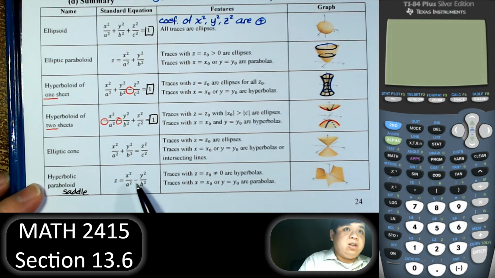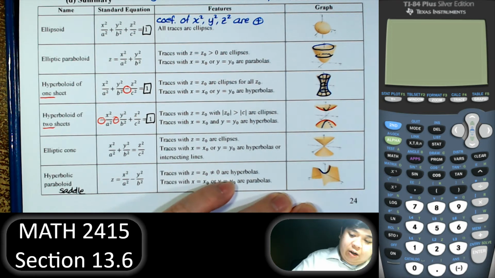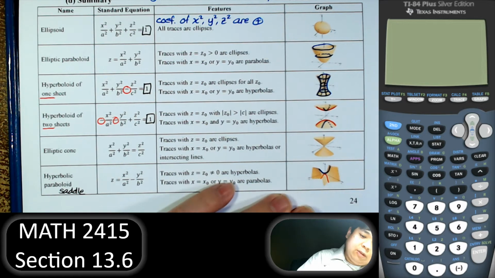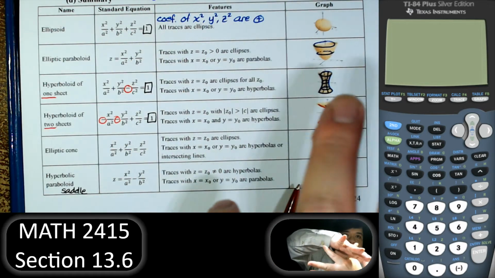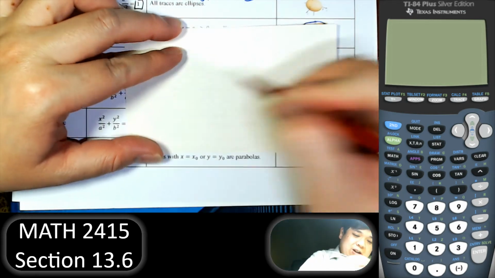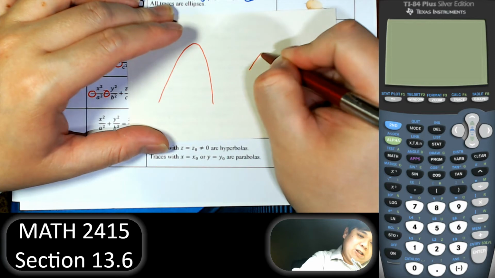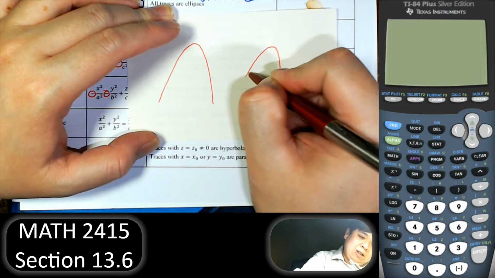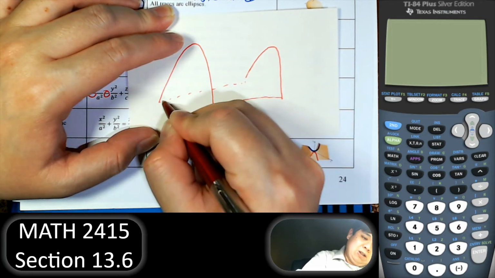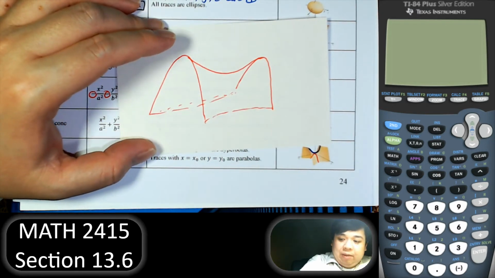If we have a plus and a minus, that gives us a saddle, meaning that one parabola opens up and one opens down. Probably I can draw it a little bit better here. So what I try to draw is a whole saddle here.